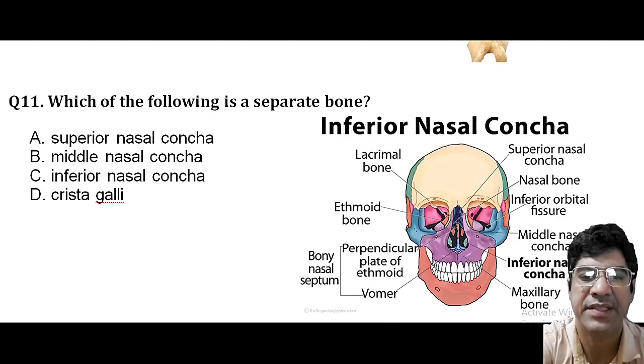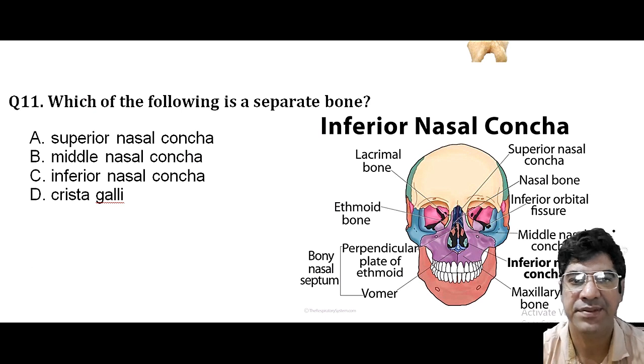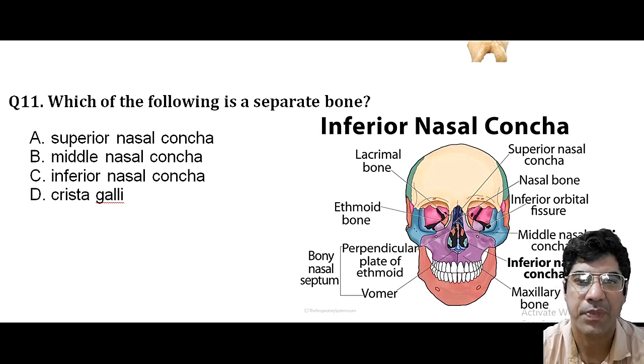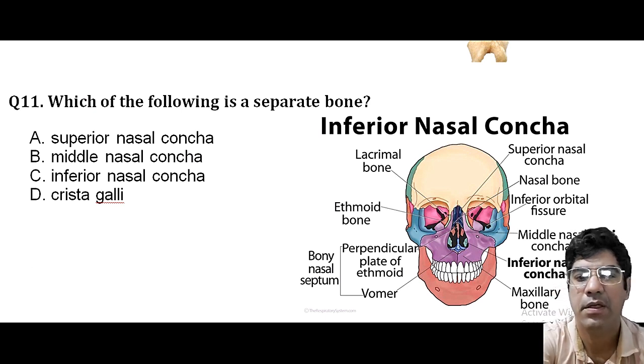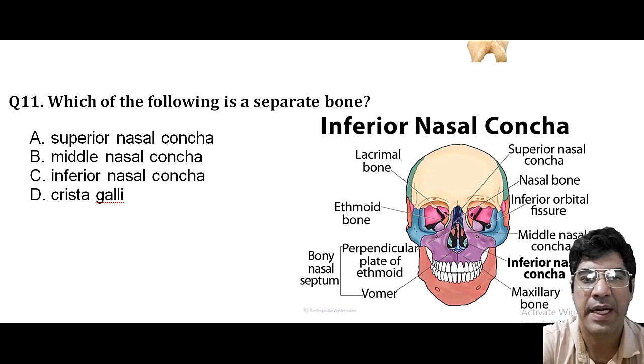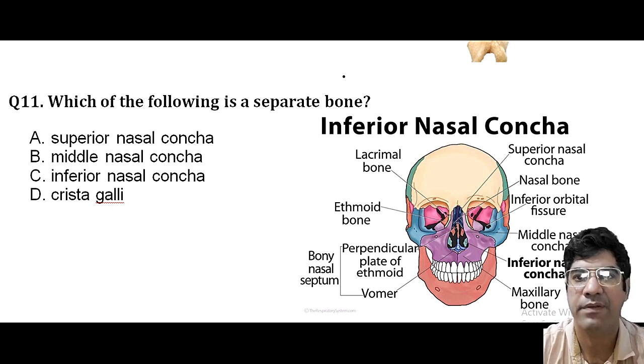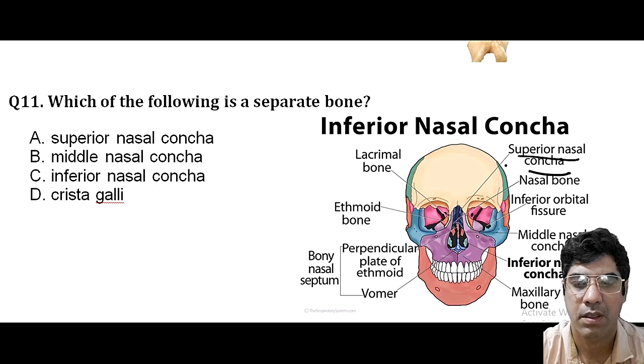Which of the following is a separate bone? The answer is inferior nasal concha. Well, the superior nasal concha is not a separate bone, it is a part of the ethmoid bone. The middle nasal concha is also a part of ethmoid bone.